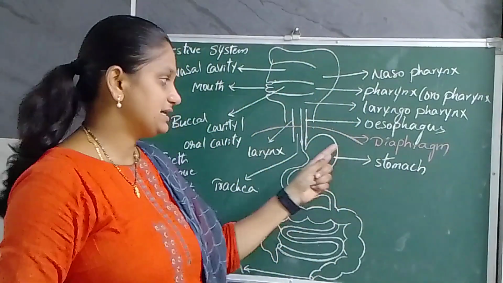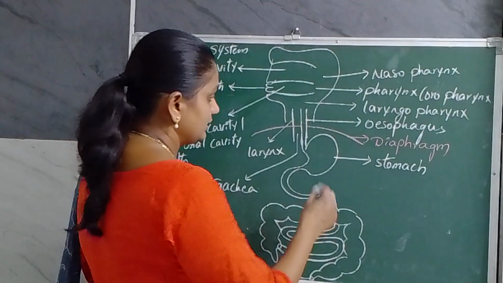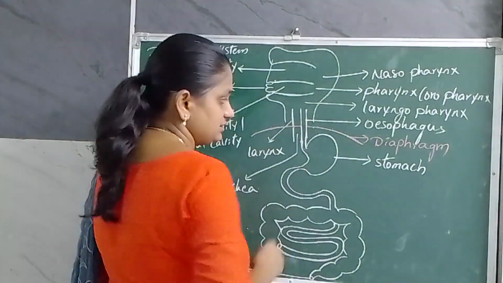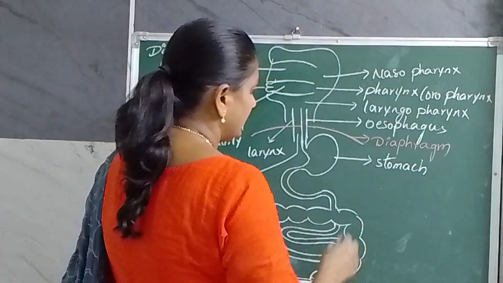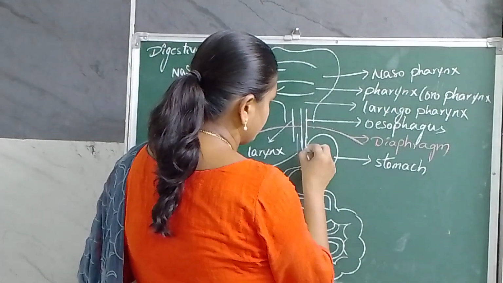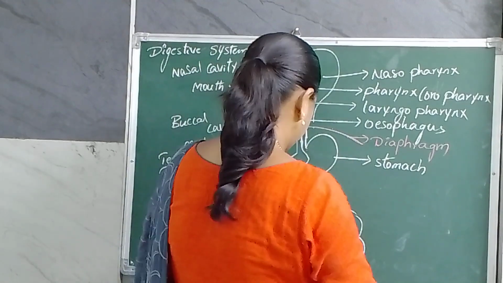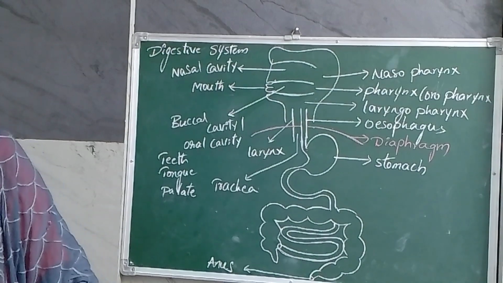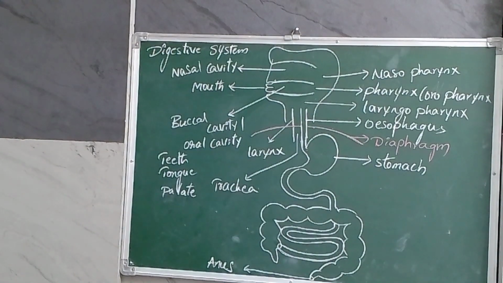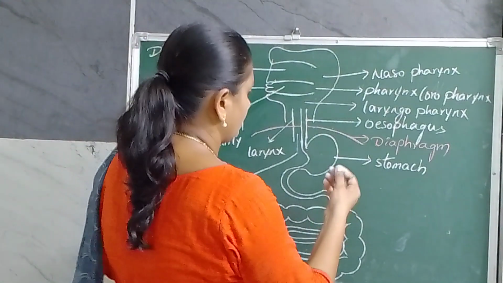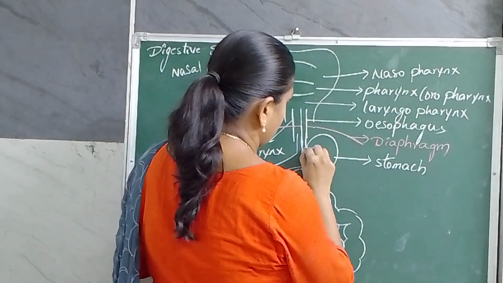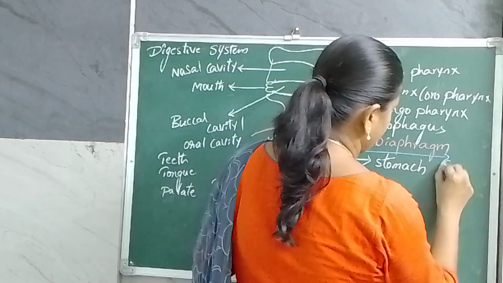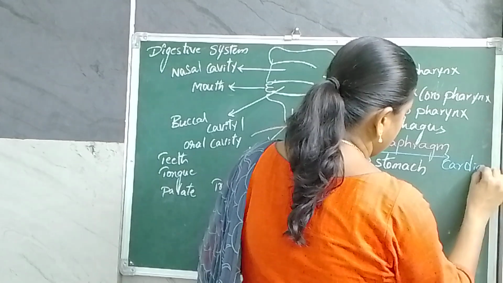And this stomach has three regions. The region where the esophagus opens into the stomach is nothing but, okay, I am writing here, cardiac.